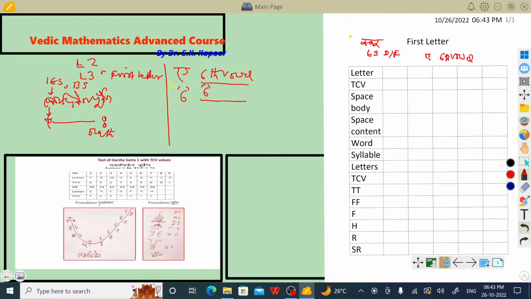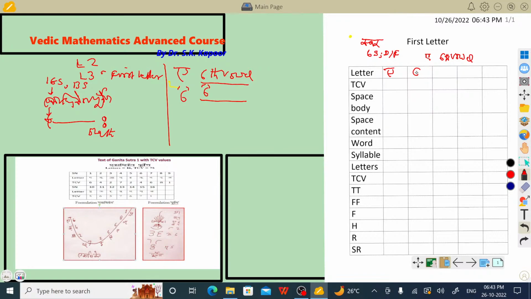Now let us sequentially tabulate the features. The letter is A, and its placement value is 6. So its TC value becomes 6. It is a 6-space body.